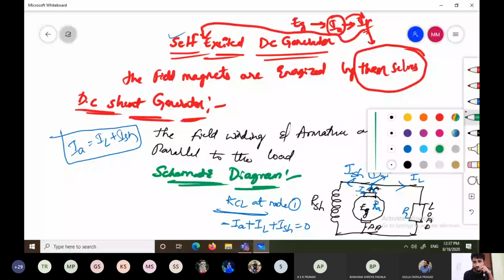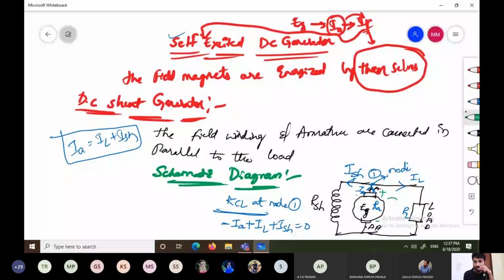As we are moving in the IA direction, we touch the negative terminal.